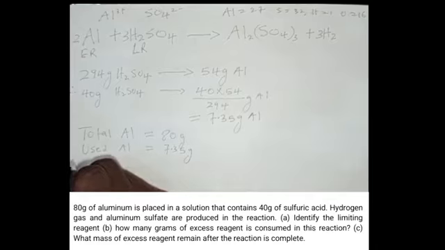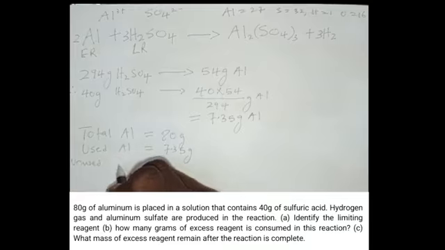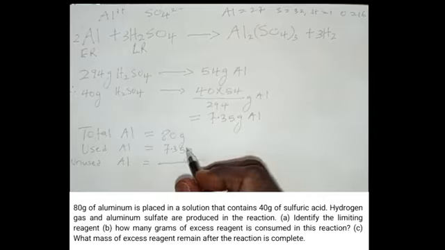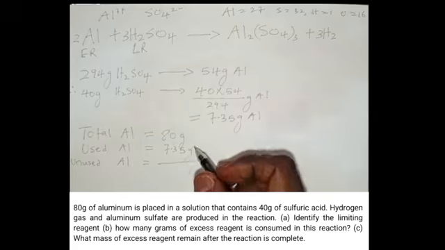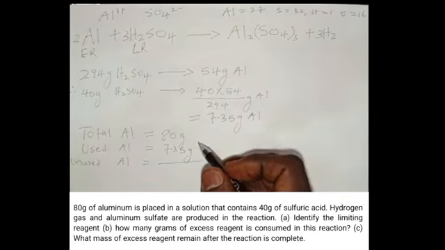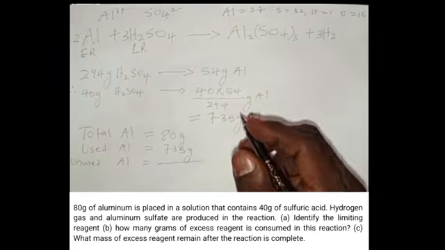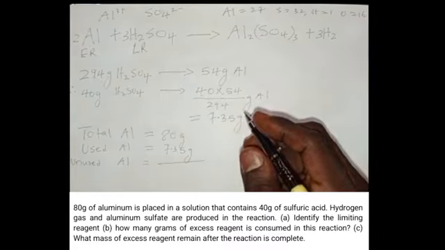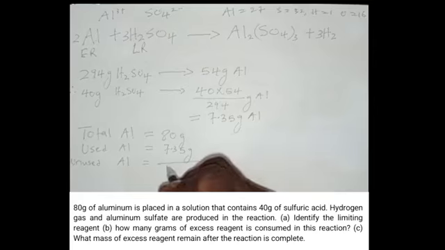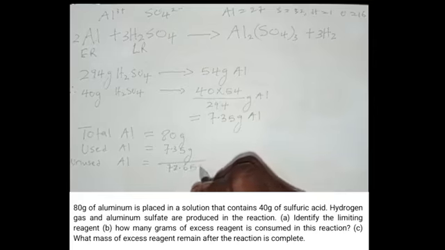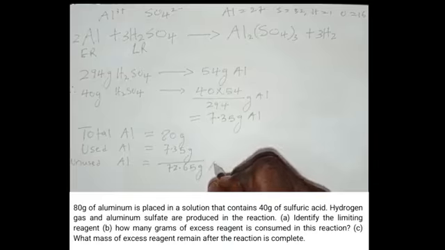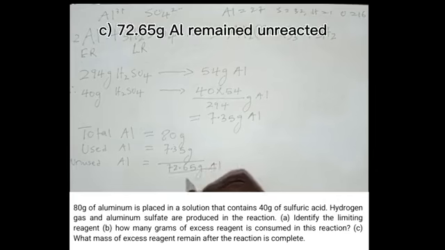So now we are looking for the unused aluminum. That is the amount of aluminum remaining is going to be equal to 80 grams minus 7.35, and that gives us 72.65 grams of aluminum. So this is the amount of aluminum which did not react.